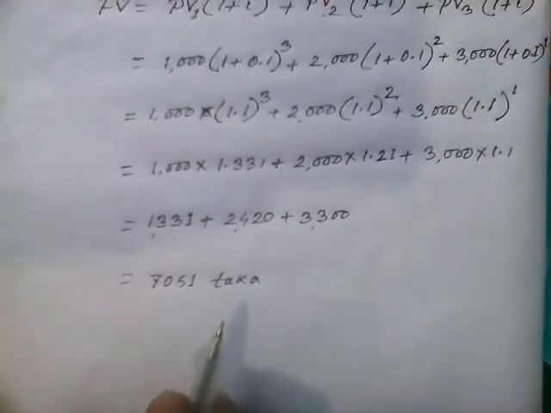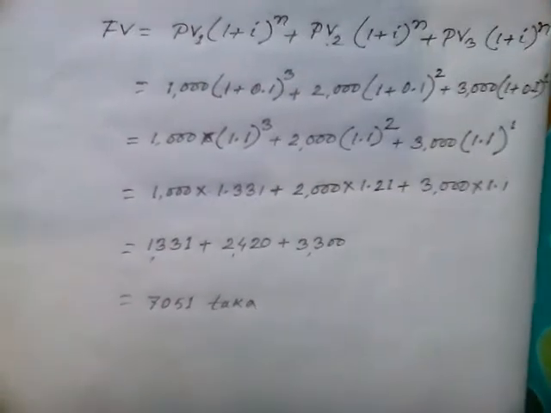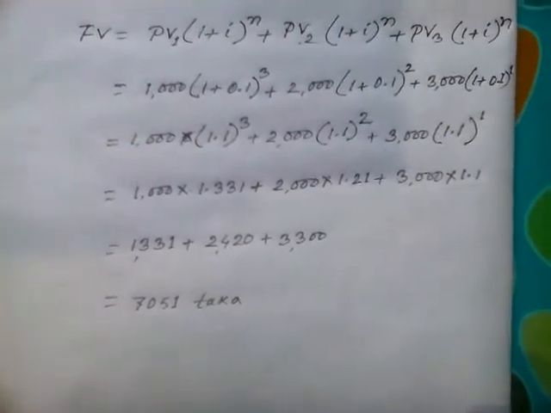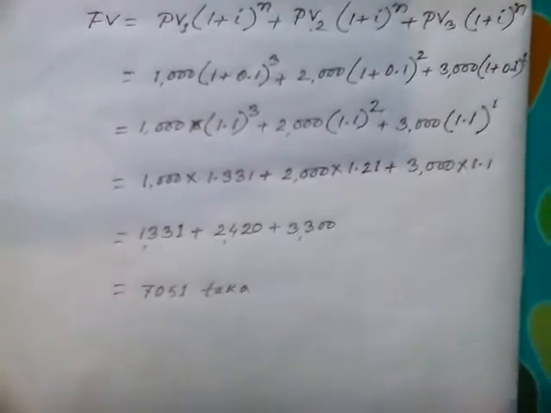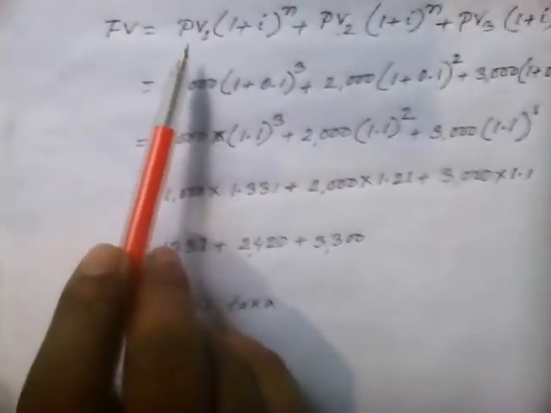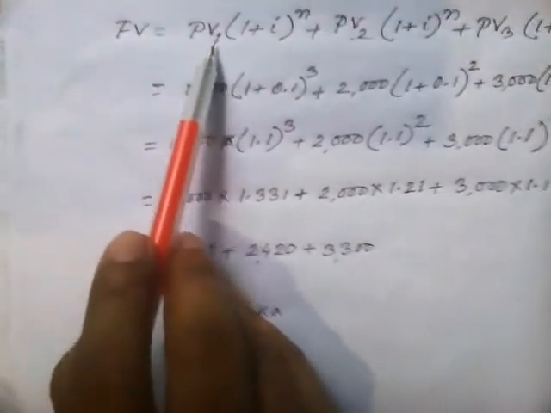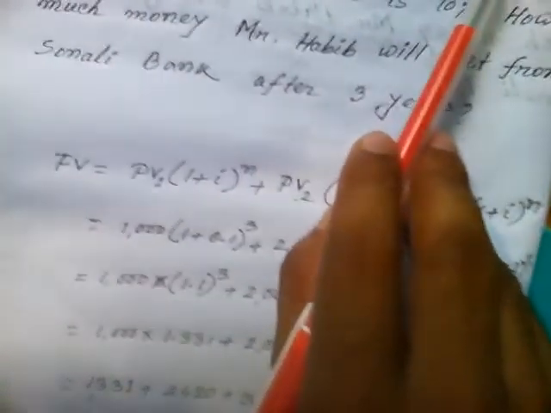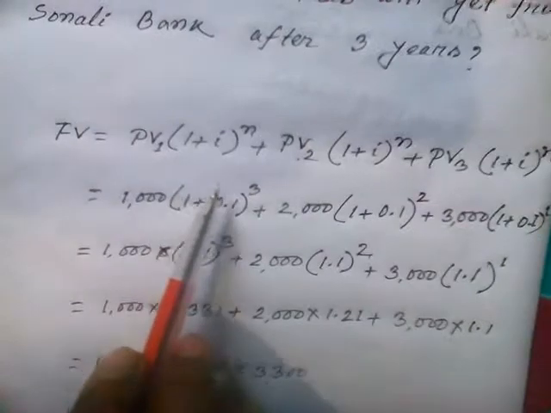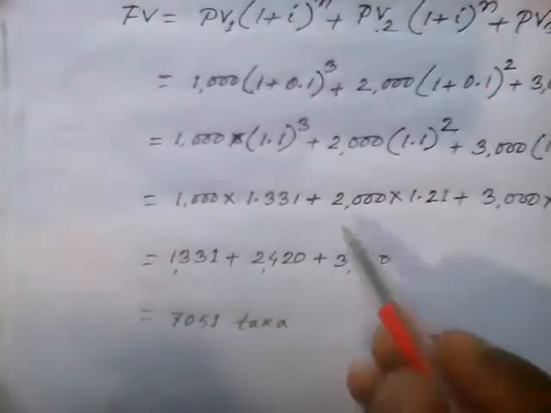So easily we can understand if someone deposits more than one amount in the bank in different years, in that case you have to add the formulas. I have written three formulas here because Mr. Habib will deposit three amounts in three different years, and I am adding them.